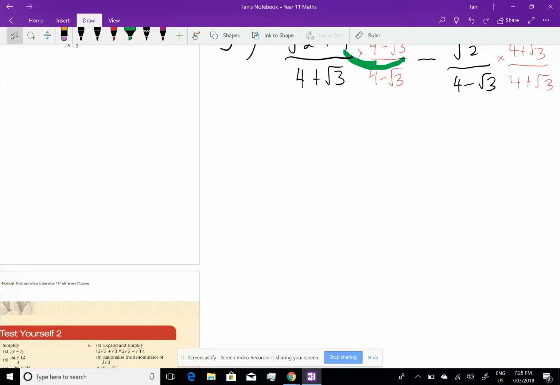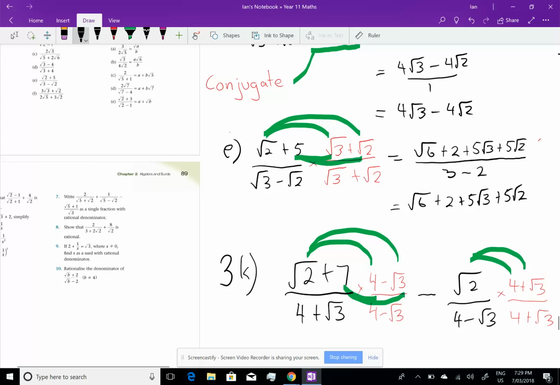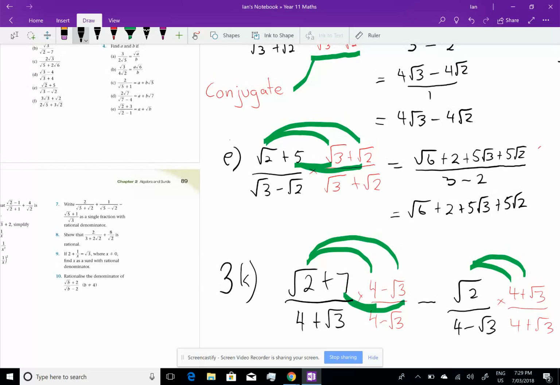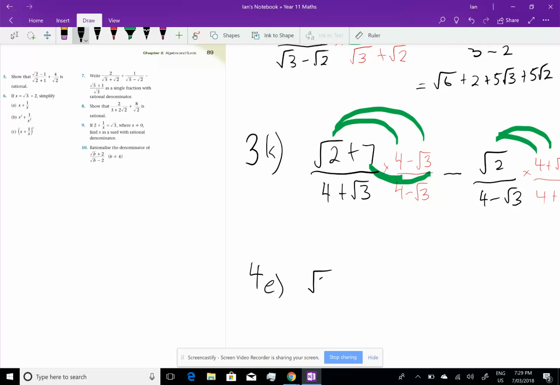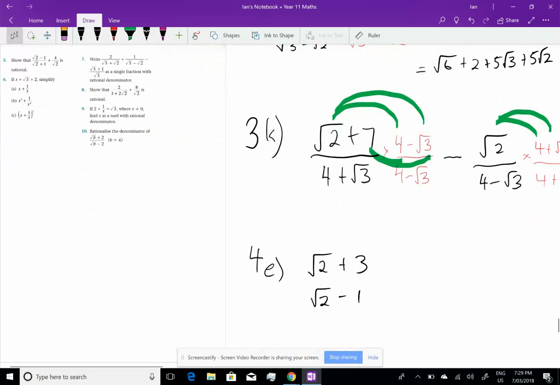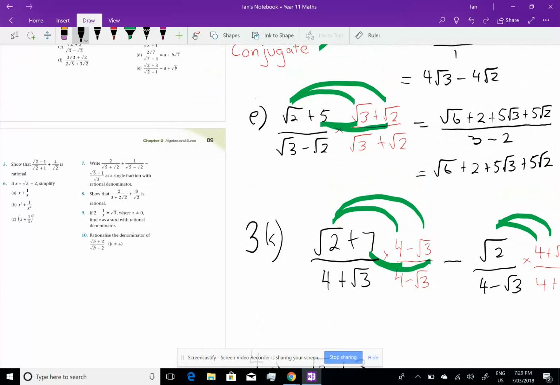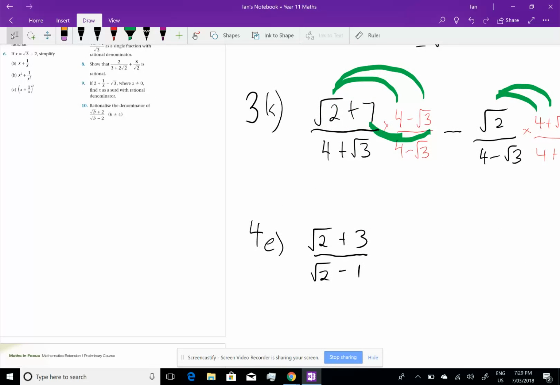And then you can have a go by yourself. So 4E, because this is how they like to ask it in the HSC. 2 plus 3, root 2 plus 3, and root 2 minus 1. Righto. And they want me to write it as A plus root B. Okay, let's have a go.